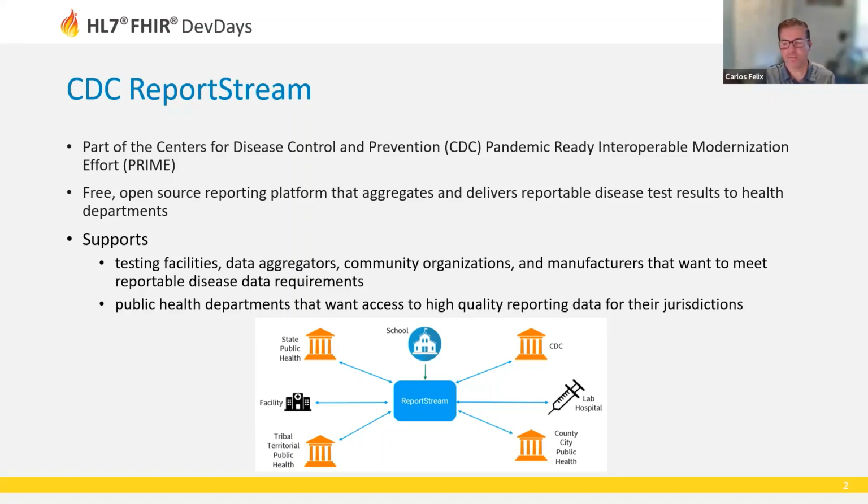ReportStream is a free open source electronic lab reporting platform in the US, and it aggregates reportable disease test results from reporting entities like testing facilities, data aggregators, community organizations, which include schools and the likes, even manufacturers that want to supply test results as well. So pretty much anyone that needs to meet the reporting requirements in the US. We then deliver that data to public health departments that have jurisdiction over the data. So it's pretty much a routing system for public health data.